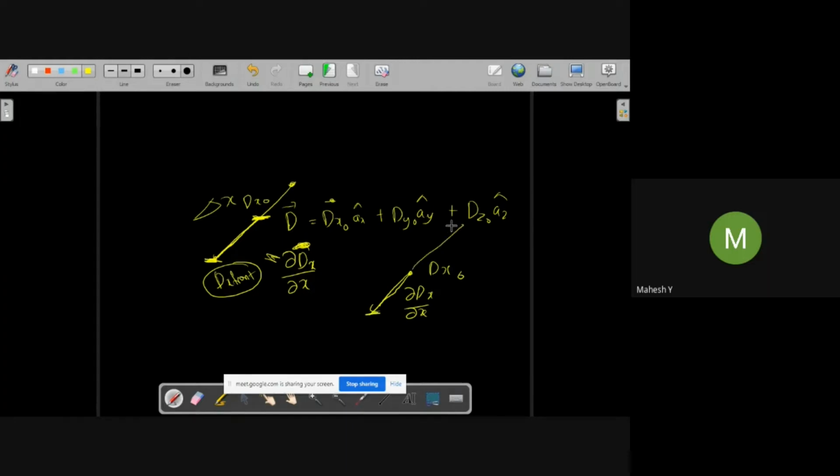Then this has a total length of delta x, so this will have a length of delta x by 2. Per unit length there is a change of dou dx by dou x. So what will be the value of dx at this point? At this point it is dx0. I want to calculate dx at this point. Per length it is changing as dou dx by dou x. So what will be the value here?